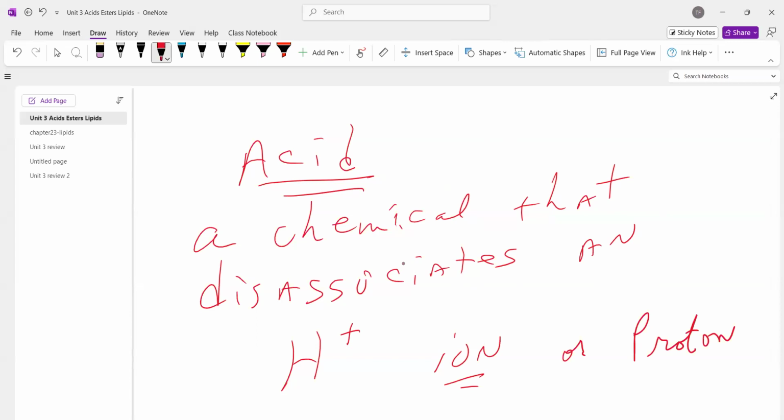And so a base is something that receives a proton. I'm going to get into that in Unit 4.